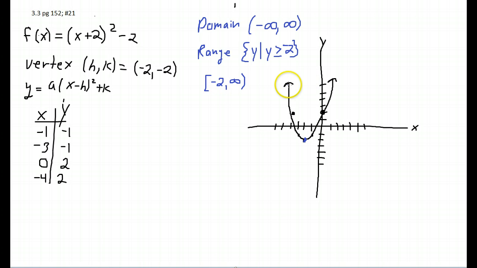Well, when we go from left to right, if we were following our parabola, it is decreasing from negative infinity until we get to negative 2.